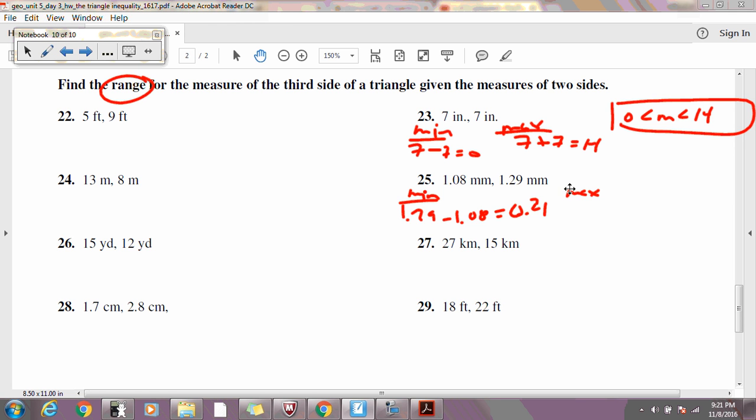The max, 1.29 plus 1.08, would give us 2.37. So the range is 0.21 less than m less than 2.37.